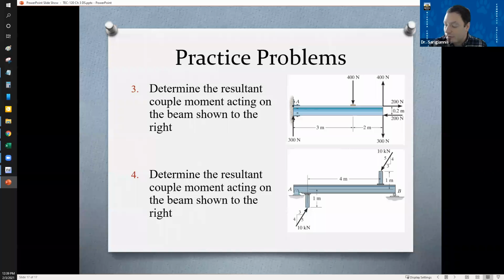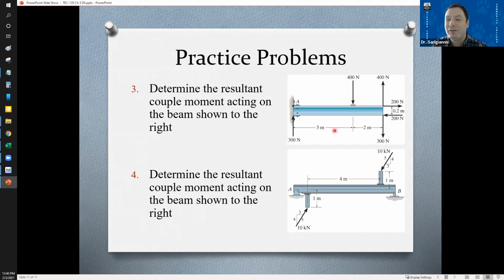All right, the first one here, let me point this out on the PowerPoint. We've got a beam that extends out from some fixed surface, and it says determine the resultant couple moment acting on the beam shown to the right. So what's the couple moment? First of all, I'm going to look for forces of equal and opposite magnitude and direction.